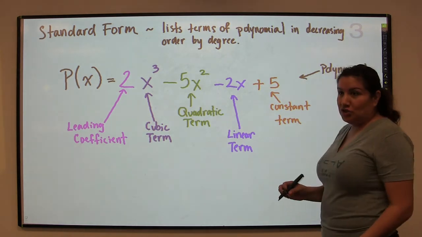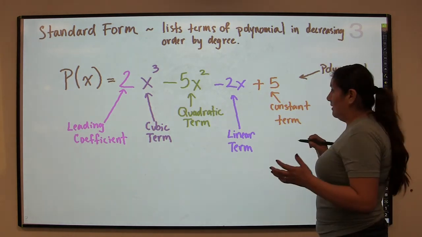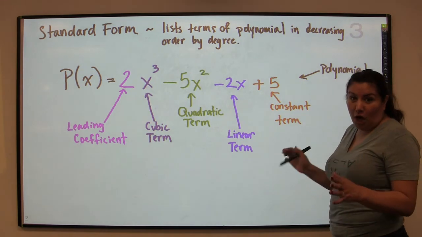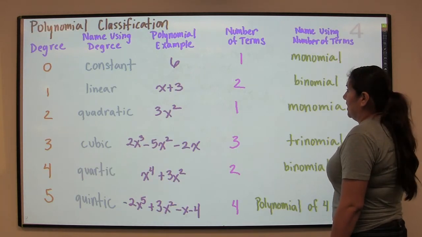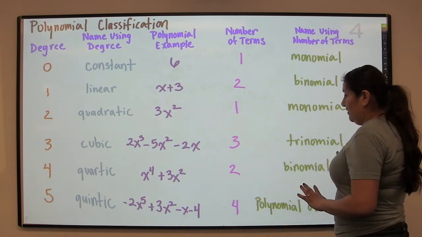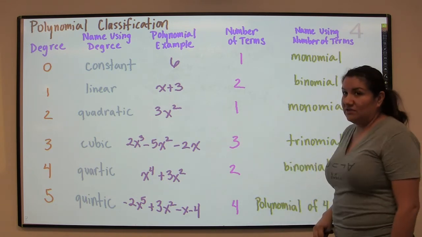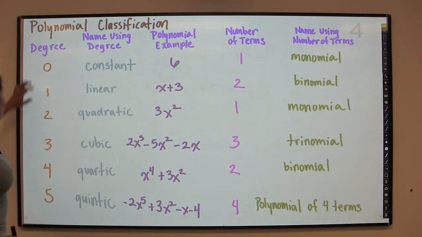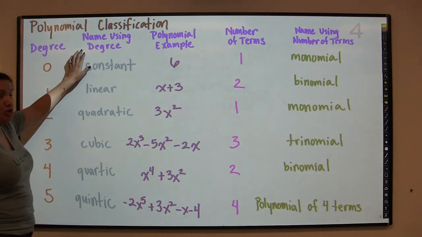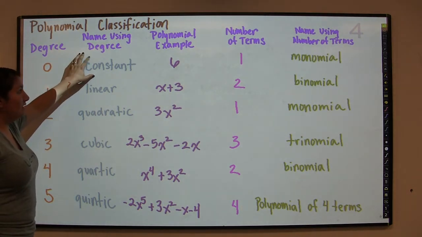So I'm going to give you a chart. You can pause the video at this point if you'd like, so that you can have a chance to write all this down. This is basically polynomial classifications. We have over here our columns, degrees from 0 to 5. We have the name that you would use based on the degree.